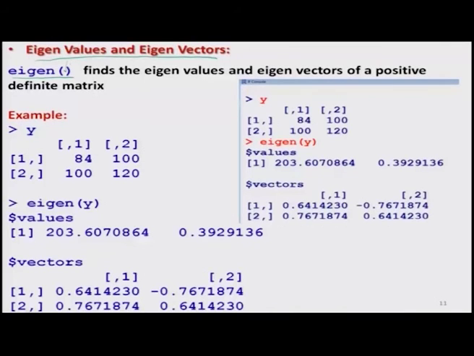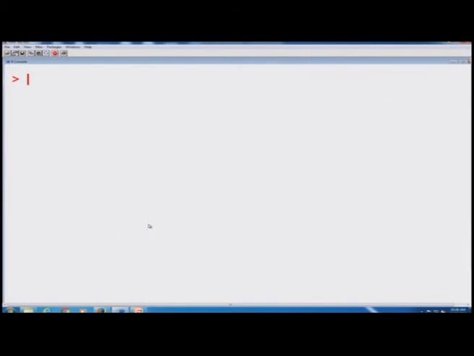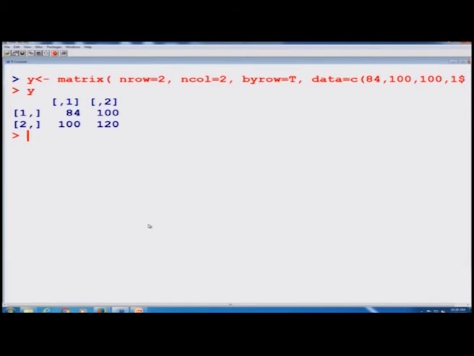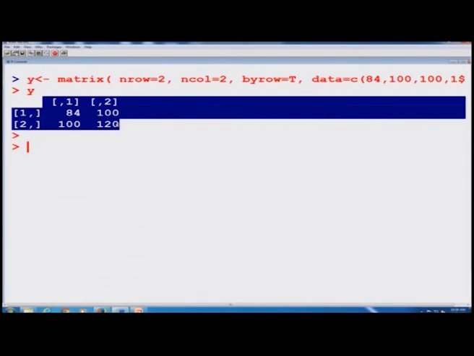So, here I will do the same thing. I create the same matrix which I had used earlier in finding the inverse of a matrix, and let us see on the R console how it works. We had created this matrix y, which is like this, and this is my 2 by 2 matrix, and I have checked earlier that it is a positive definite matrix.